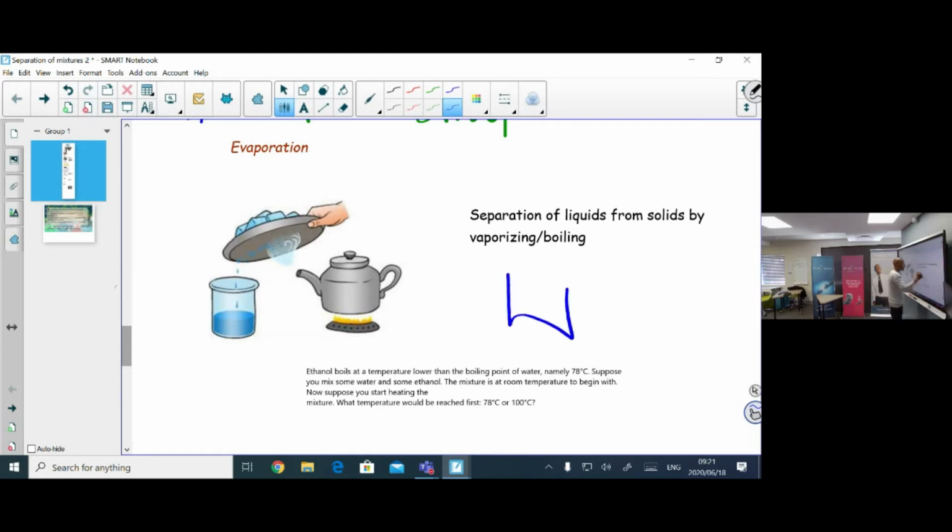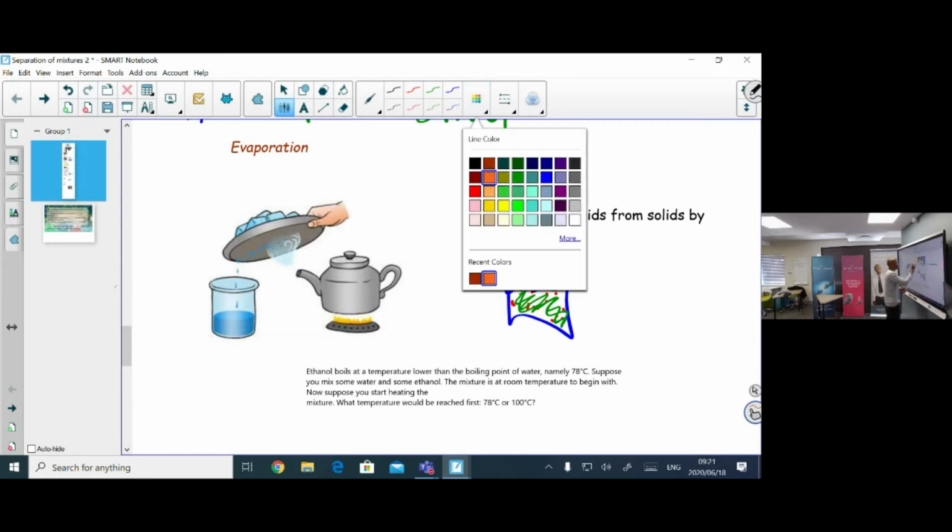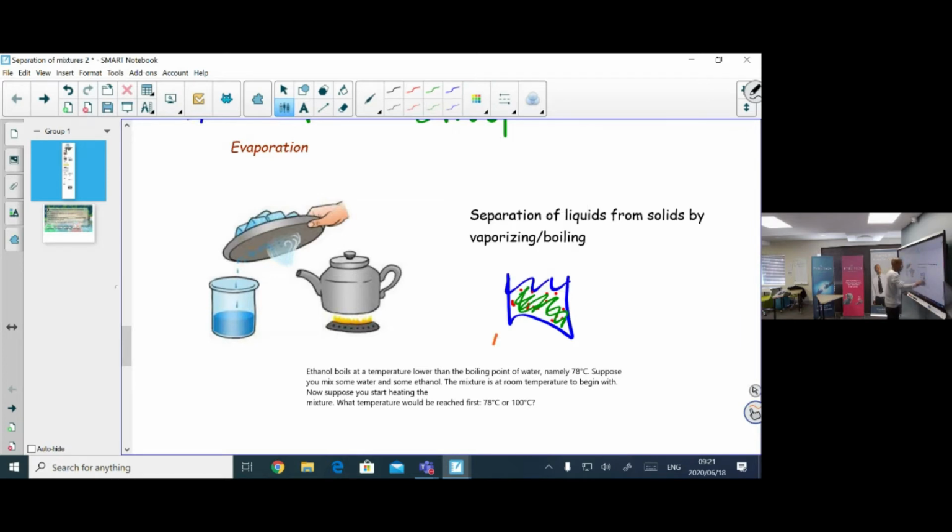So here's our mixture, having particles inside, having maybe another liquid inside. We will heat this up.